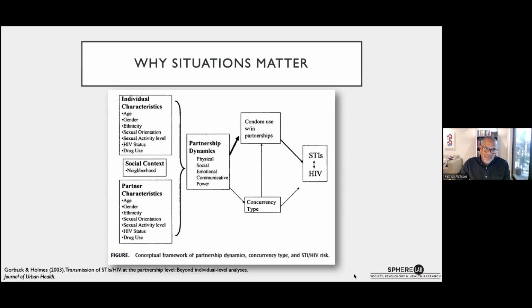Another model that I'll come back to, but that is another really important one for me, by Pamina Gorbach, many of us know, was basically looking at how the combination of both individual characteristics and partners create a dynamic that actually shapes risk and that shapes HIV and STI transmission risk behaviors.